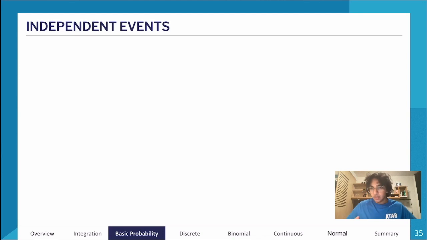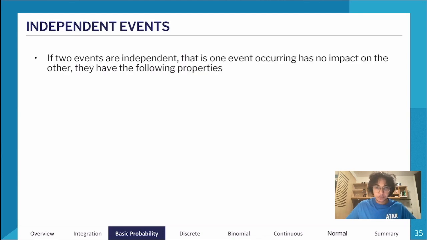Okay, let's talk a bit about independent events again. So, like I mentioned, if two events are independent, the probability of one happening doesn't affect the probability of another happening. So if I've got a conditional probability, probability of B given A, the probability of B occurring is not going to affect the probability of A. So that doesn't affect anything.